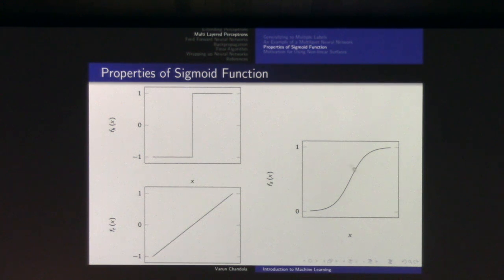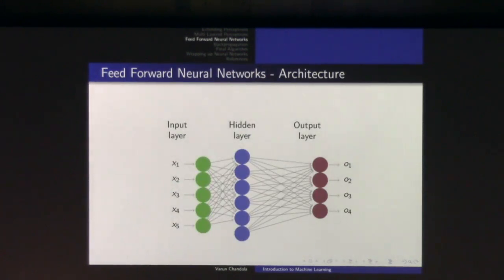This one approximates it because its shape is very similar, but it is still smooth. That is why we use sigmoid, because it gives you a close approximation of a 0-1 function, but it is smooth, so it's differentiable, which means it's easier to compute the gradient. All right? Okay.